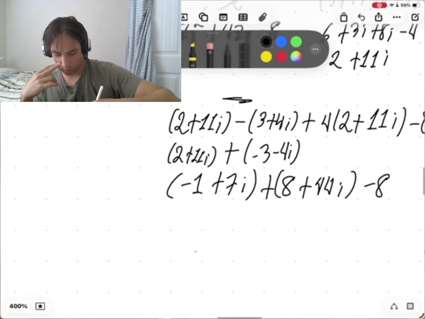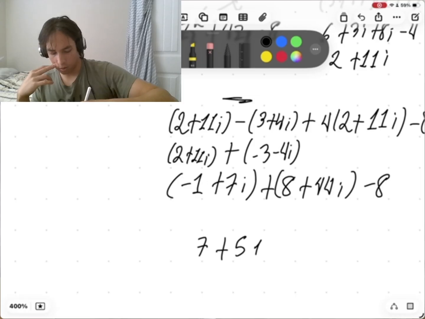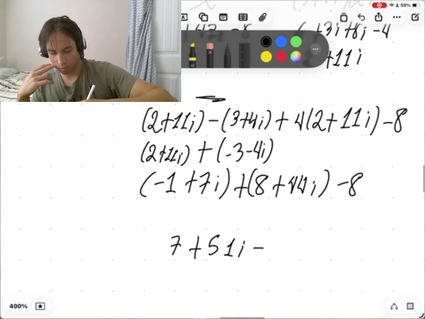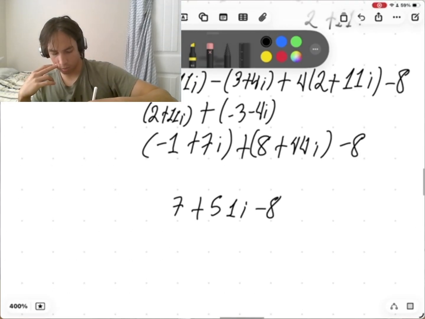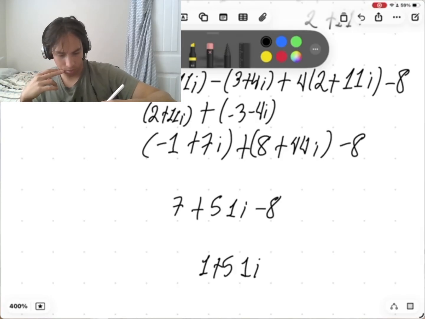So it's going to be 7 plus 51I minus 8. Actually, negative 1 plus 51I.